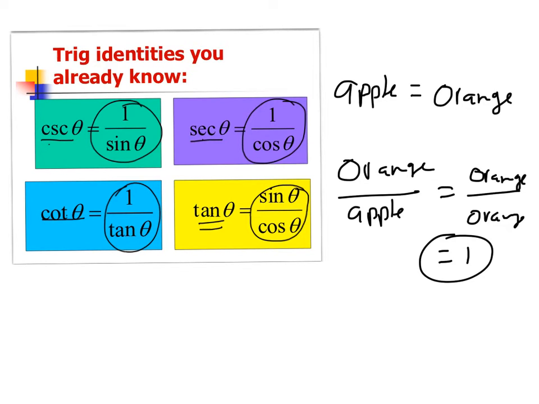So think of these as just objects that are the same, that you can reduce and work with. Now, we need to know what each one is equal to in order to do the substitution, so there's a little bit of memory involved.